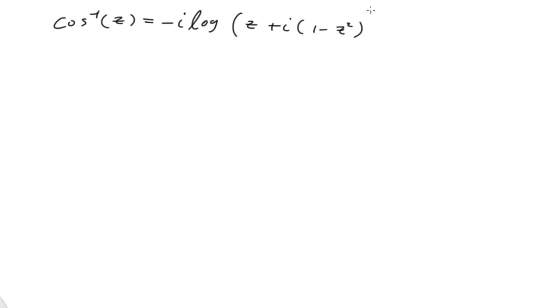So now let's talk quickly about the definitions for some of the other trigonometric functions. I'm not going to derive this, but just state that cosine inverse of z is equal to negative i complex log of z plus i times the square root of 1 minus z squared. Okay. So again, that's the multi-valued square root.